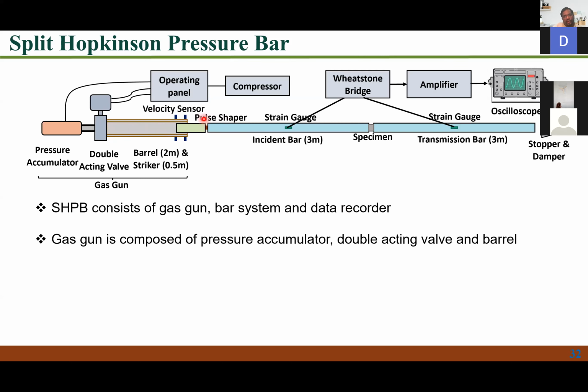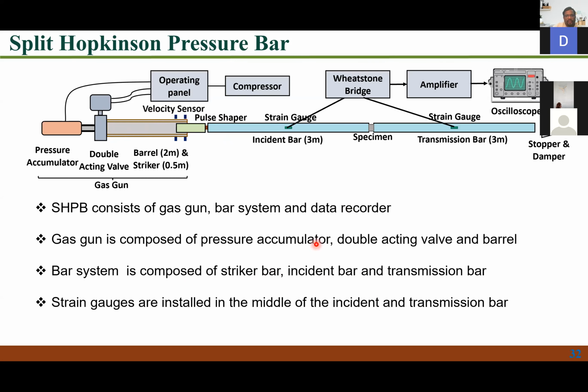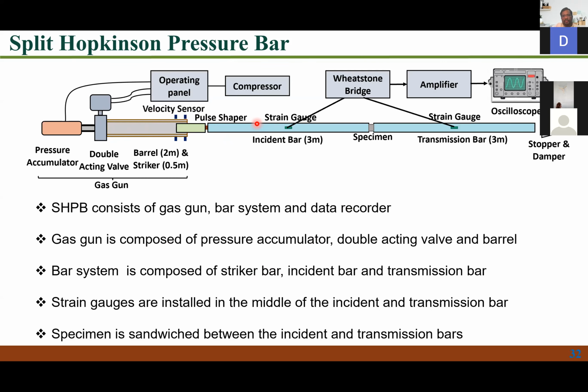Between the striker and the bar, you also put what is called a pulse shaper to change the shape of the pulse that we are creating. The bar system is composed of the striker bar, incident bar, and transmission bar. Usually strain gauges are installed in the middle of the incident and transmission bars. And the specimen is sandwiched between the incident and transmission bars.